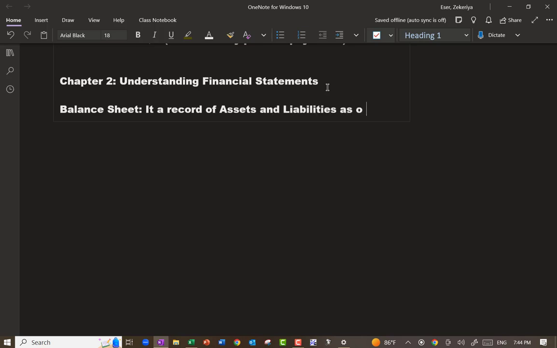And we're going to have some abbreviations. TA is for total assets. TL is for total liabilities. And TE for total equity, where TE by very definition is equal to total assets minus total liabilities, or total assets must equal total liabilities plus total equity.